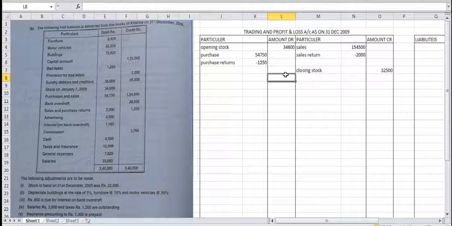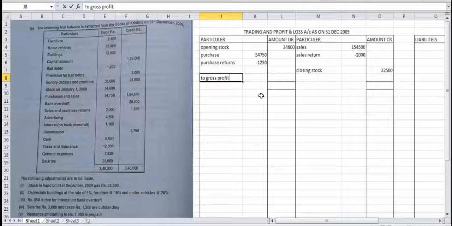Okay, let's calculate. The total here we have to write, to gross profit, it is gross profit.